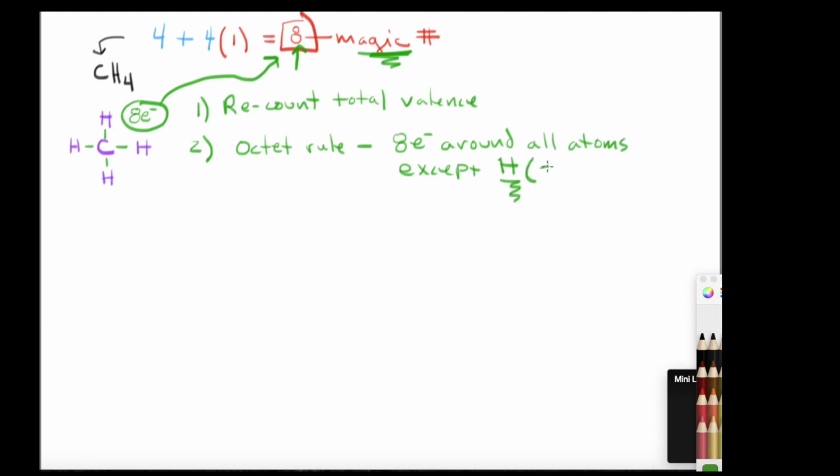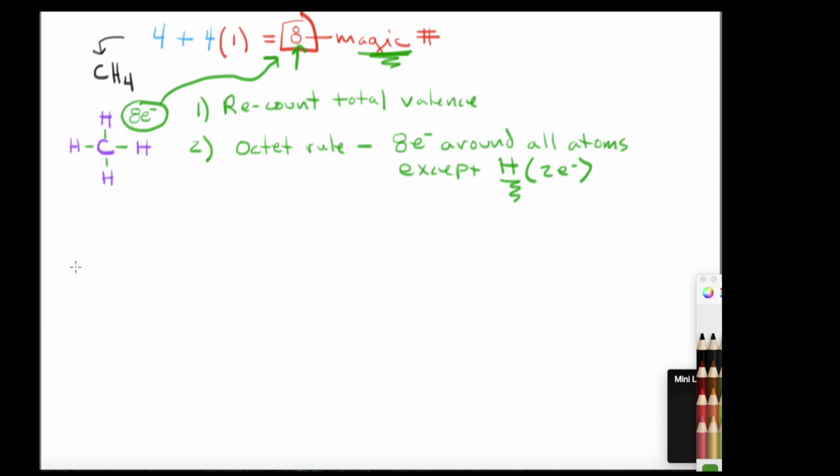And hydrogen can only have 2 electrons next to it. All right, so we come back over here and we look at the carbon and we see we have 2, 4, 6, 8 electrons around it. So this meets test number 2. And the hydrogens all have only 2 electrons that they're next to.